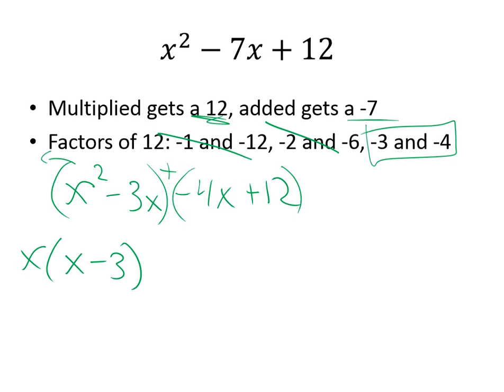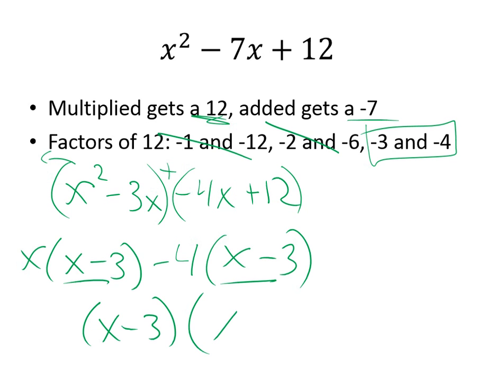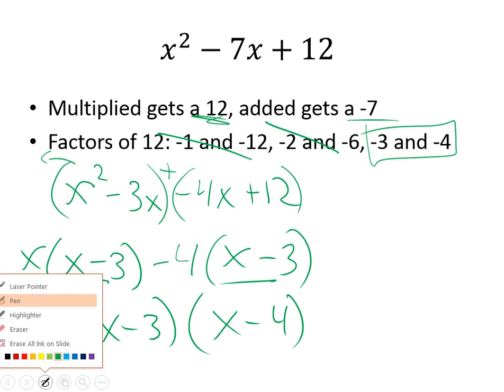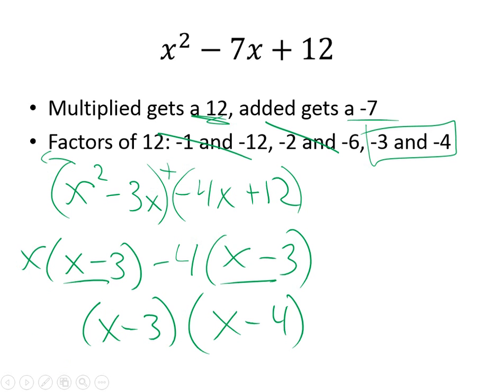And now this one we can take out a negative 4, giving us x minus 3. As we see again, same number inside the parentheses. That's one of our answers, x minus 3. And then the other one would be x minus 4. And so there are our two answers.